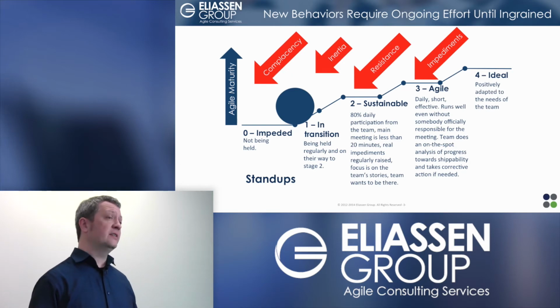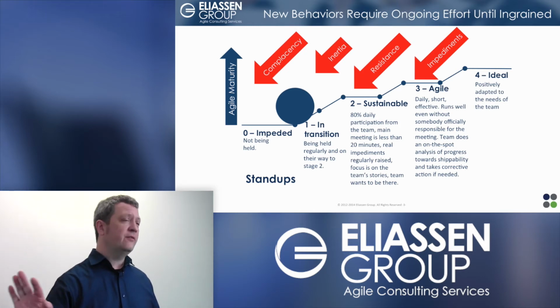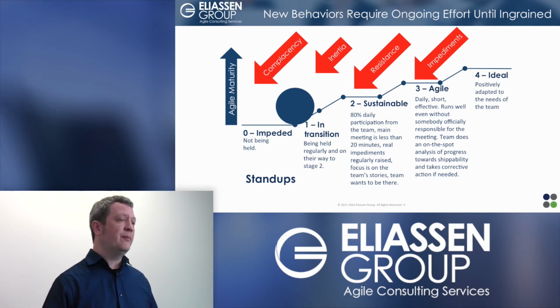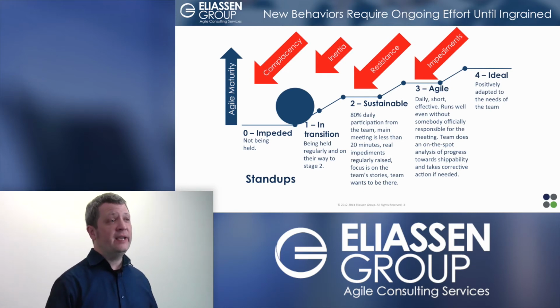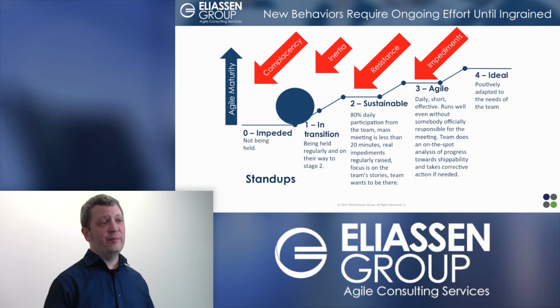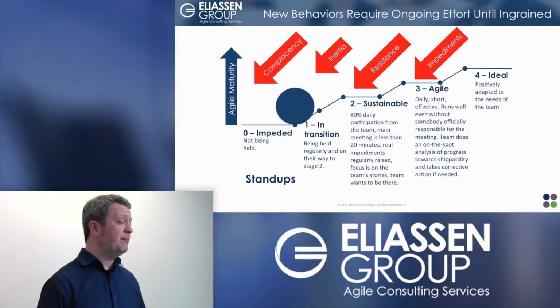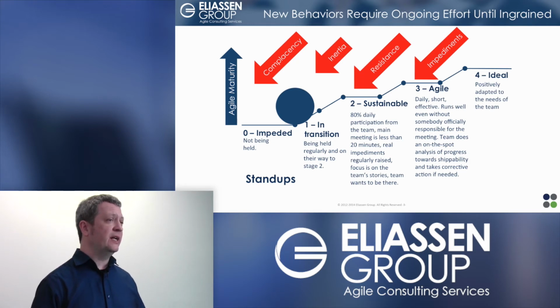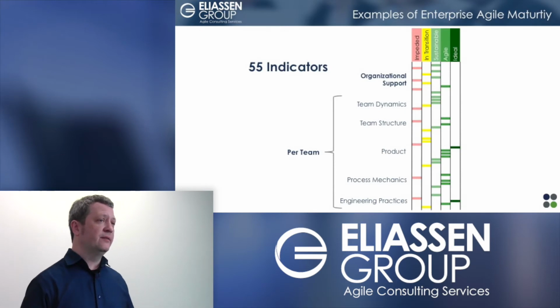But what I mean is, for instance, if you have a fully co-located team, they have a television or a monitor that has all the information they need in one dashboard: who's working on what, how much work is left to go, how much work has been accomplished, and they can see that they're talking every day and that that information is impacting their behavior every day. Do they really need a stand-up? They're basically having a continuous stand-up. That's ideal. So that gives you an idea. And there are 55 of these at the team level and organizational level.